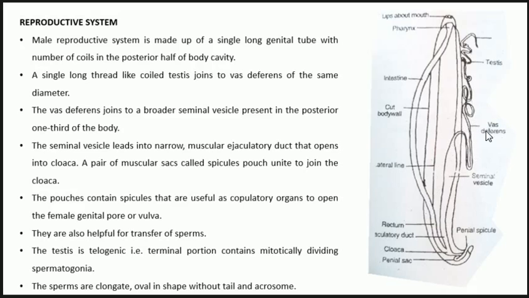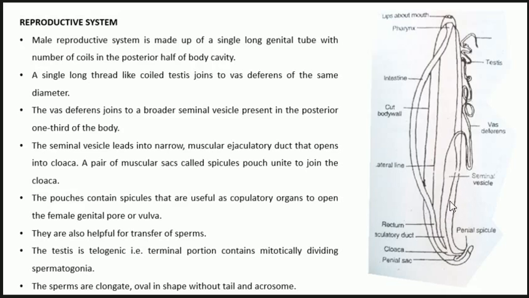Now this seminal vesicle leads into a narrow tube. Here you have a narrow tube, then a broad one, then again a narrow tube. So a narrow muscular ejaculatory duct opens into the cloaca at this position.